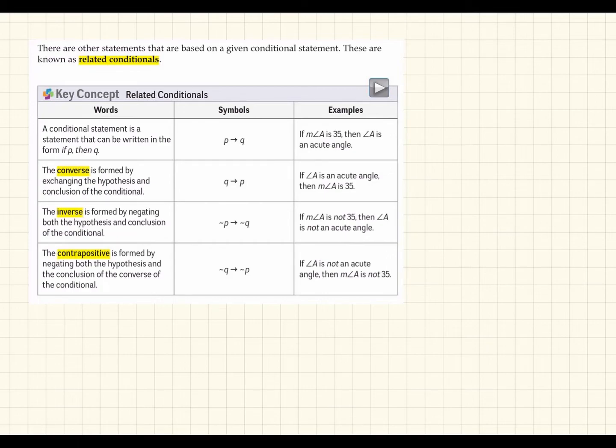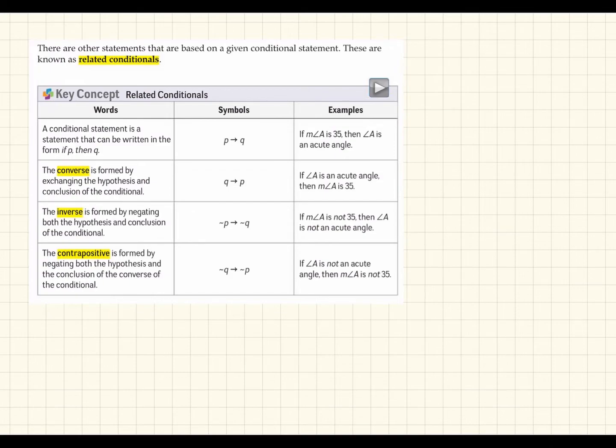Just because the if-then statement is true doesn't necessarily mean that the converse, inverse, or contrapositive are going to be true as well. So we have to take each of those new conditionals and evaluate them on their own merits. Let's take a look at an example of that.